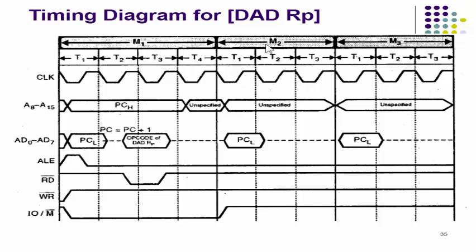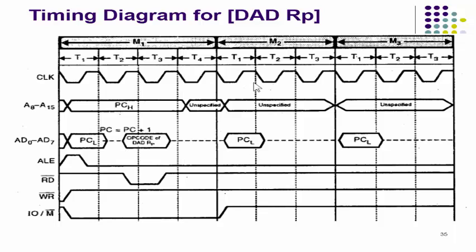After fetching the opcode, the processor knows that this is the opcode for the DAD instruction, so it will decide to move towards the bus idle machine cycle.